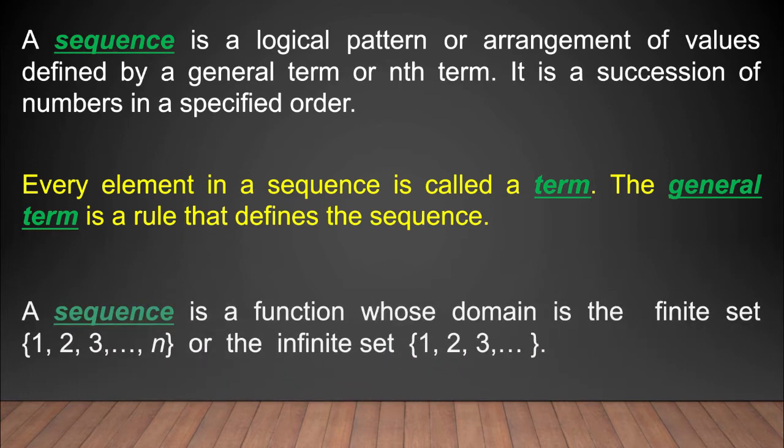So a sequence is a function whose domain is the finite set containing the elements 1, 2, 3, and so on up to n, or the infinite set, the set containing the elements 1, 2, 3, and so on and so forth without end.